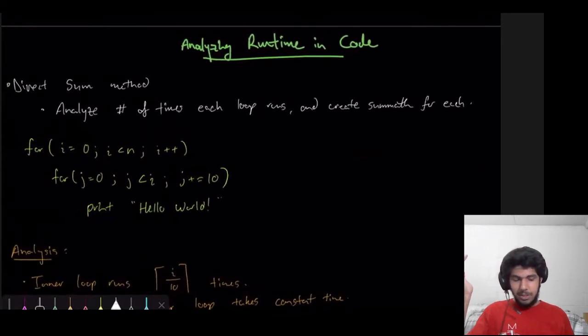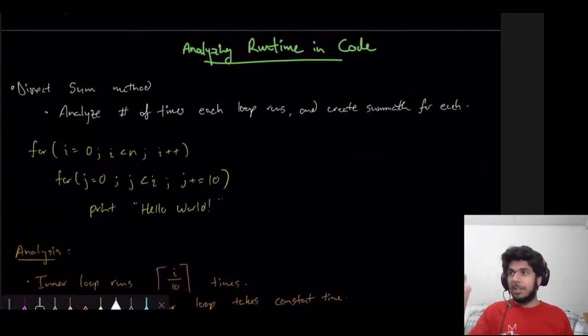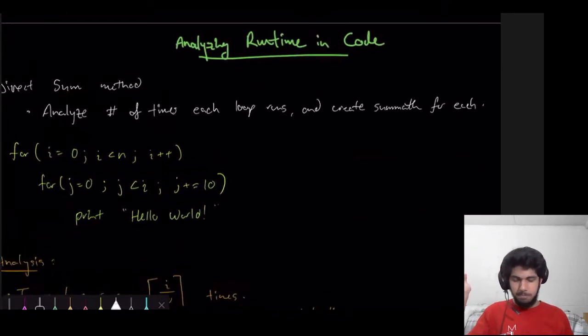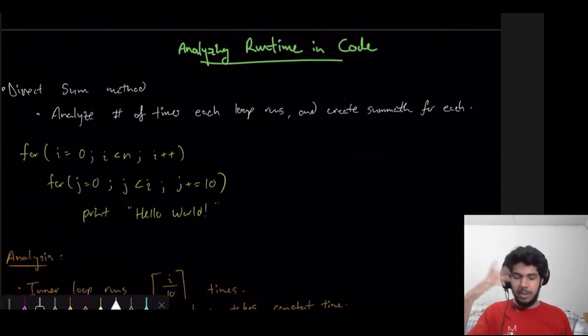So the main way we can do this is by using the direct sum method. This just means we analyze the number of times that each loop runs, and we create summations for each of the loops. I'm focusing on loops here, but we should really be analyzing every single line of code and seeing how much time that line takes.